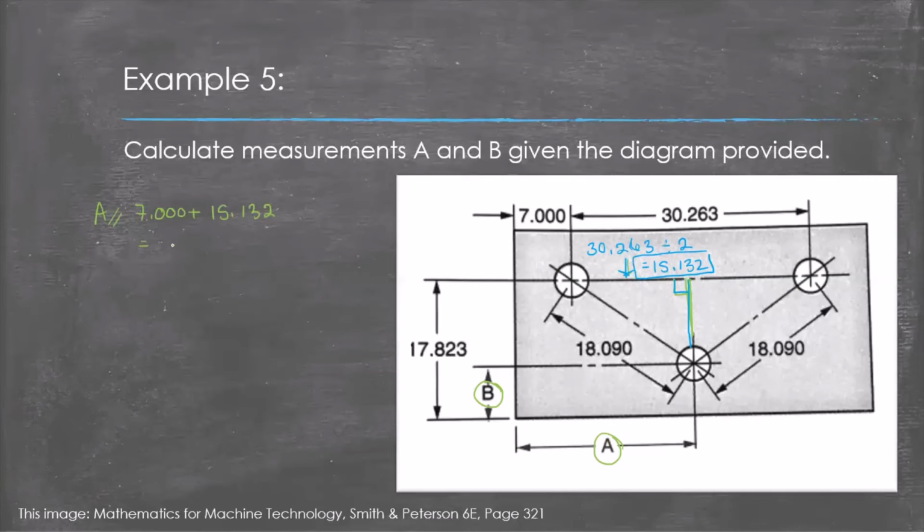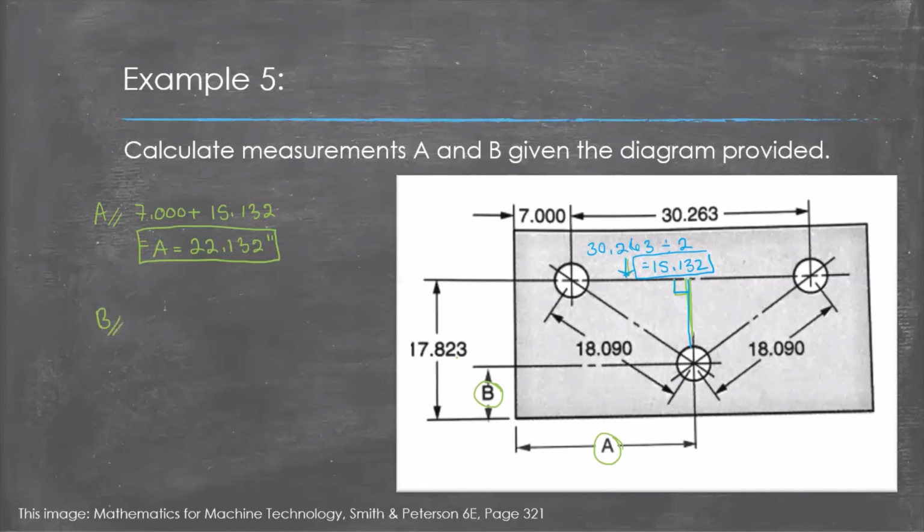This leaves us with A equal to 22.132 thousandths of an inch. So that's not too bad.